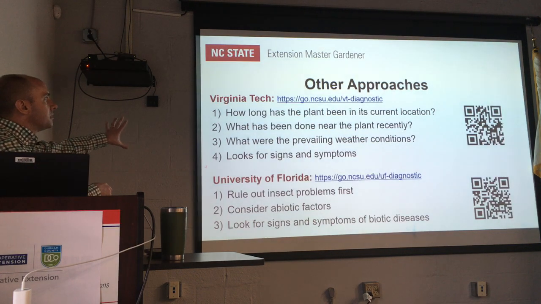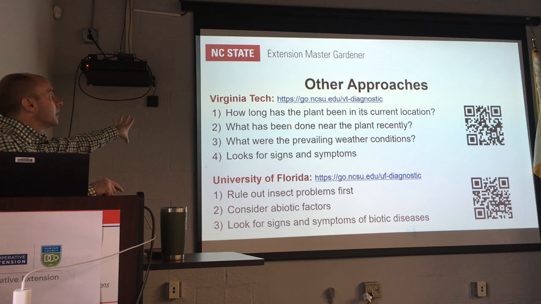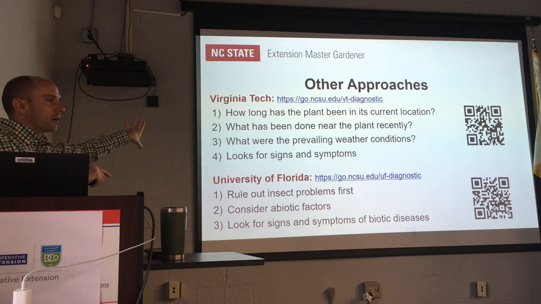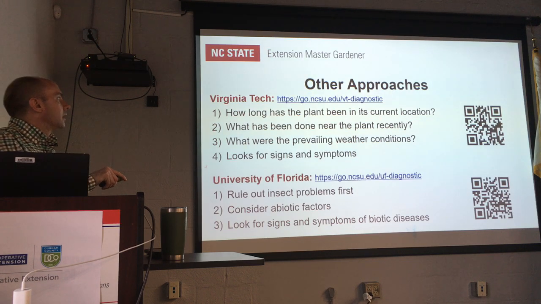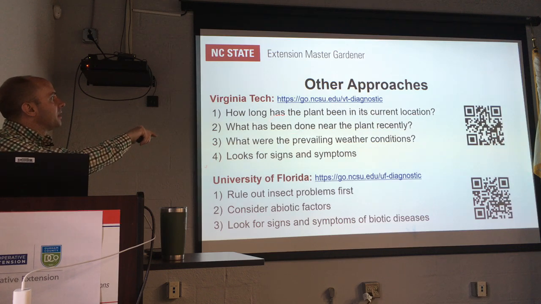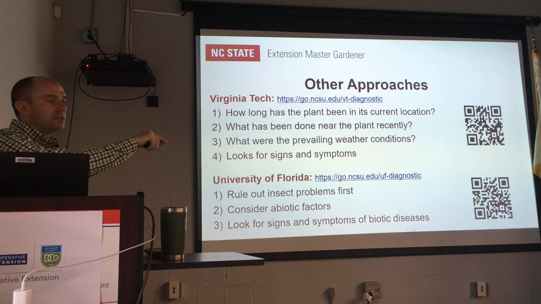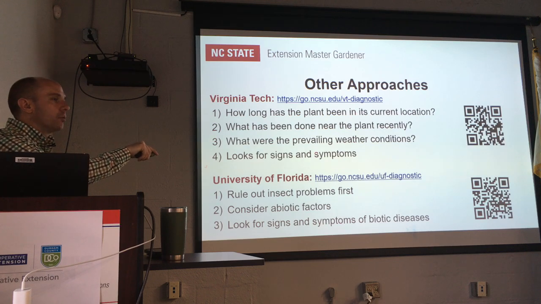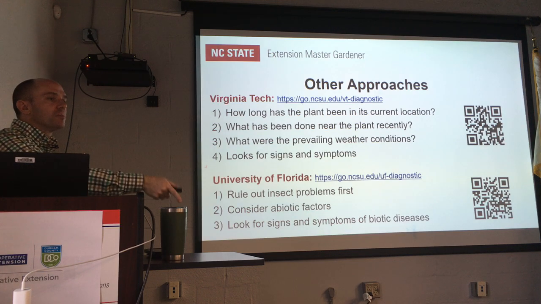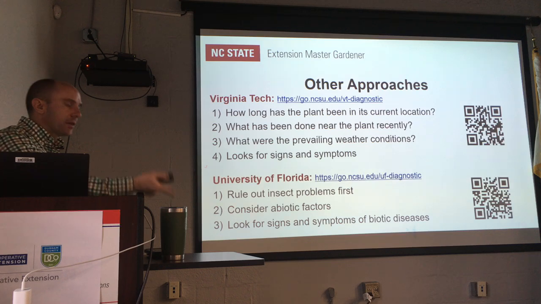But there are other approaches. Virginia Tech has one where you think about context clues first, but basically this is going through all the abiotic issues first, systematically, and then looking for signs and symptoms, and then sorting those by either being a pest or a pathogen, and then what kind of pathogen.